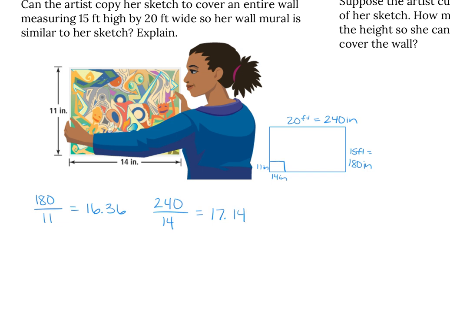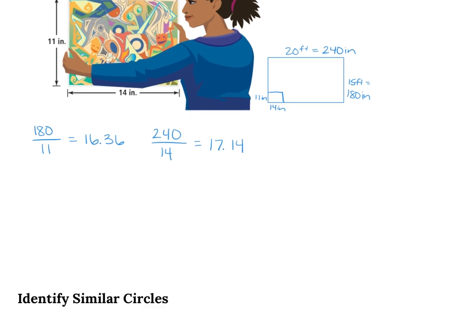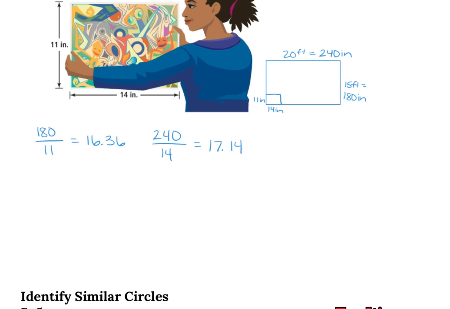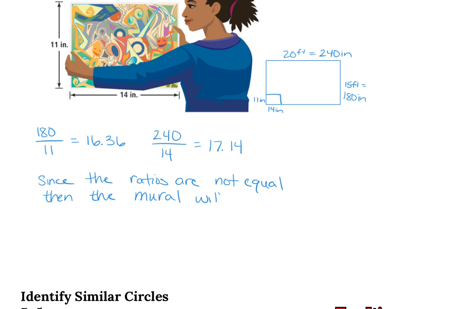Well, those two are not equal, so that means that the mural will not fit. Okay, since our ratios are not equal, our mural will not fit on the wall as it is.